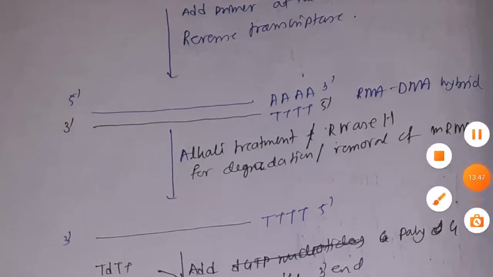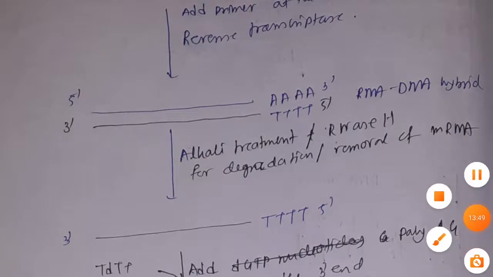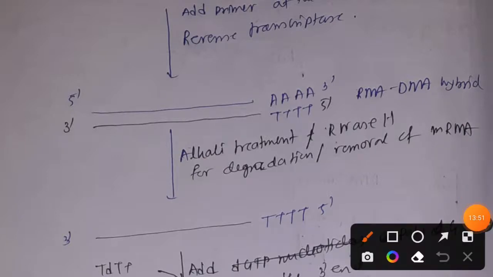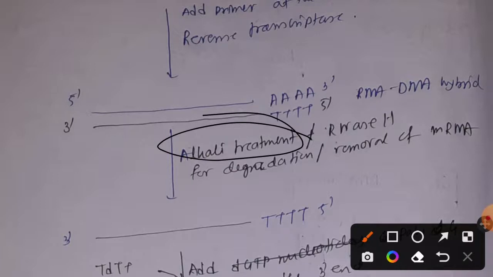Now try to understand very carefully. We have an RNA DNA hybrid. Do we need the RNA? No. So our first goal should be to remove the RNA, right? We will apply alkali treatment, or we can also use RNase H. I have told you about RNase H in the enzymes in recombinant DNA technology video, where we discussed that we can remove RNA from an RNA DNA hybrid with the help of that enzyme.